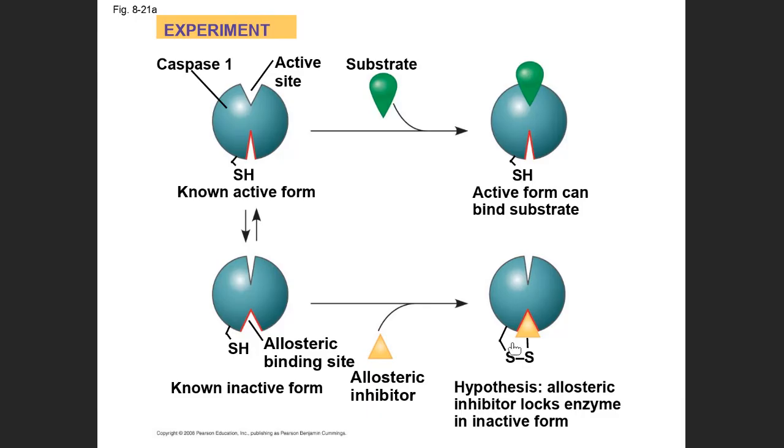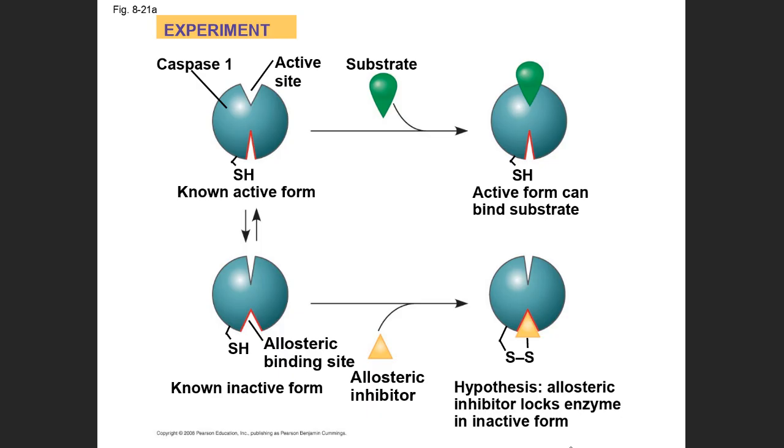The active form can be stabilized when substrate binds, or the inactive form can be stabilized by that allosteric inhibitor, that non-competitive inhibitor binding to the allosteric site. So it's just an example of how this regulation can be used in a cell, to regulate an enzyme, to activate it, or keep it deactivated.